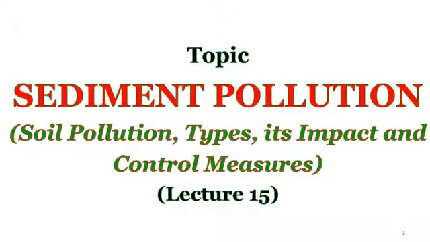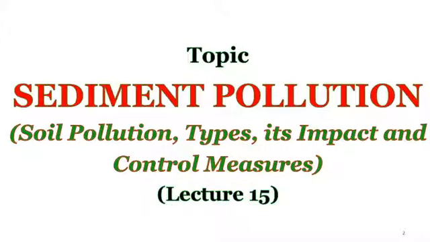The topic which we will discuss today is major sediment pollution, in which we have studied various types of sediment pollution caused by fungicide, herbicide and pesticide. A part of them is creating pollution in our atmosphere by means of soil.